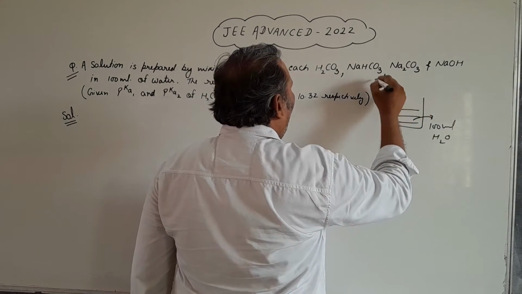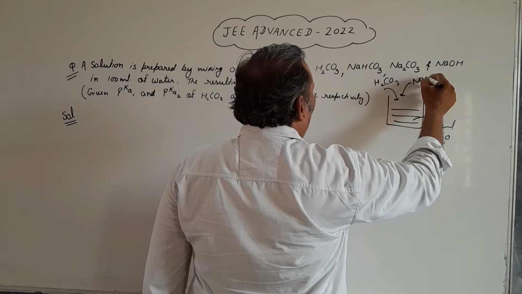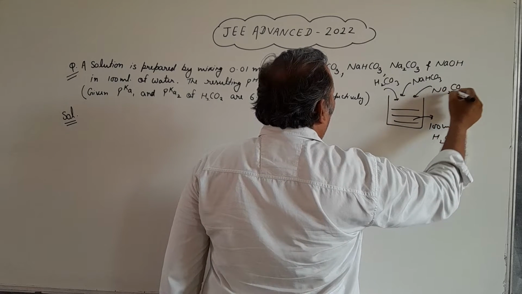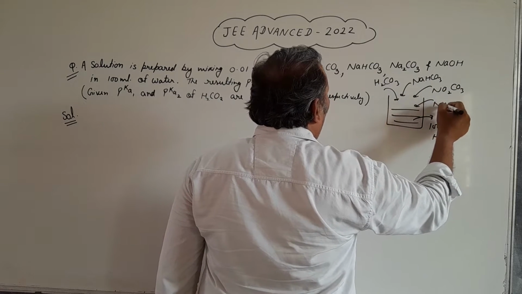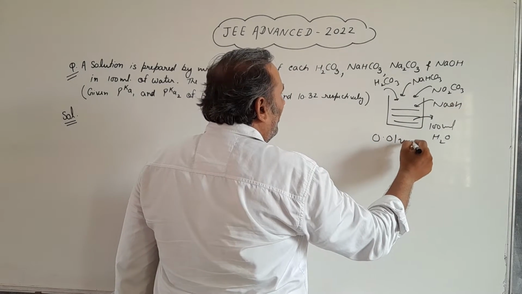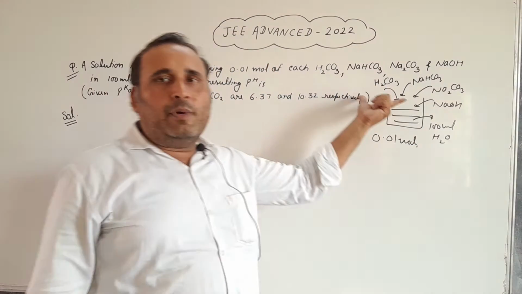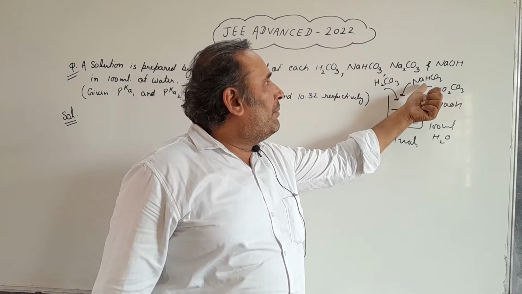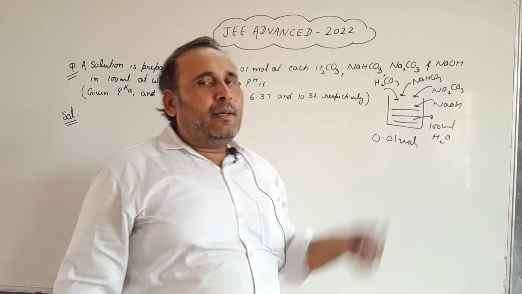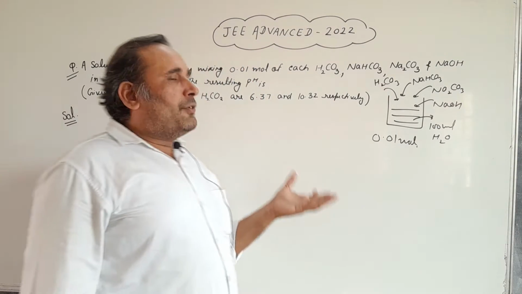First one is H2CO3, second one is NaHCO3, next is Na2CO3, and then NaOH, and we have mixed 0.01 mole of each substance. Means we are mixing 0.01 mole H2CO3, 0.01 mole NaHCO3, 0.01 mole Na2CO3 as well as 0.01 mole NaOH in 100 ml of water, and we have to find out pH of the solution.